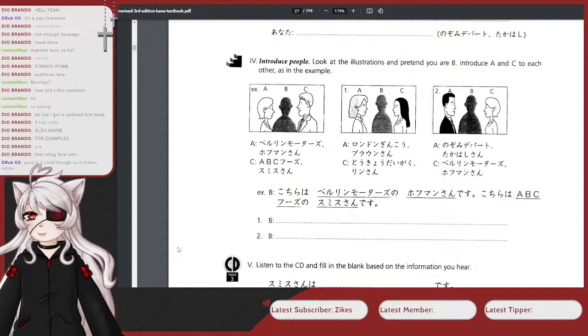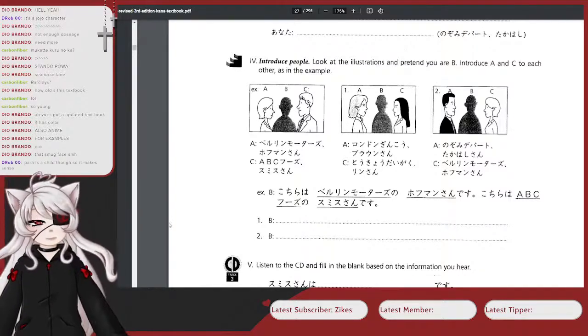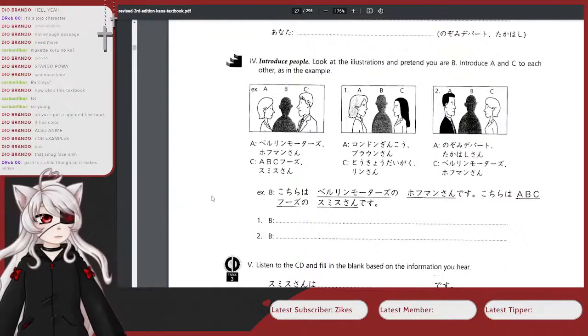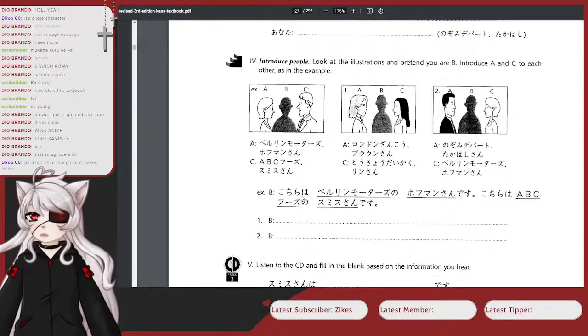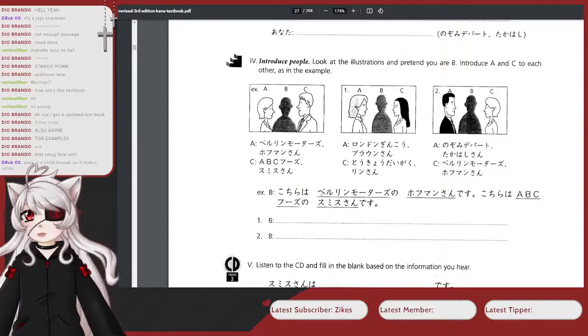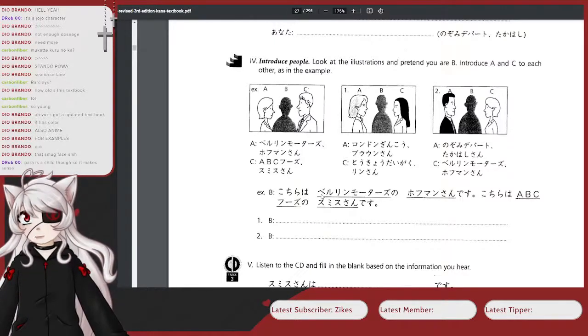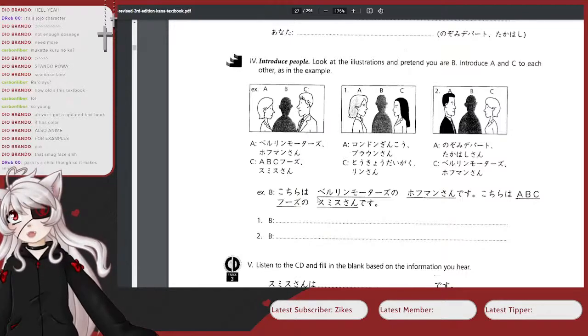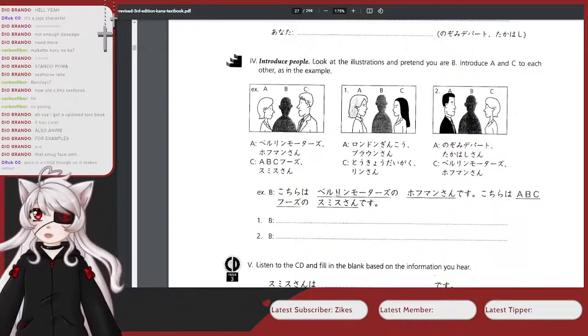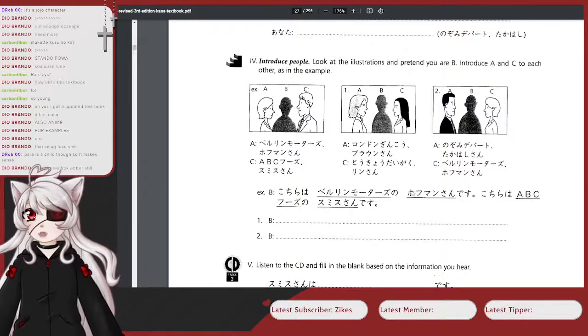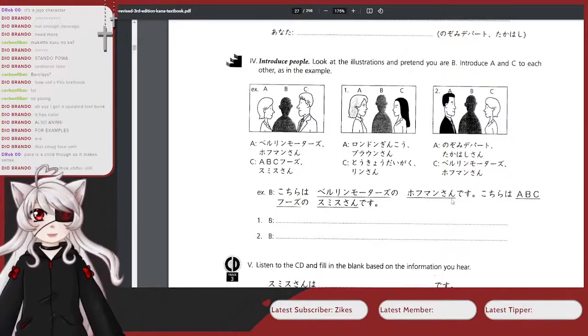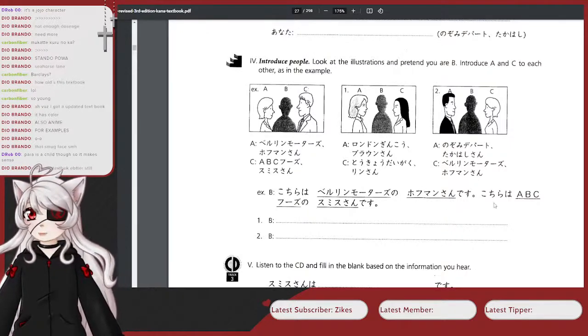It does. But the fact he's insulting my textbook. I have to clap back. So yeah, kochira wa, so this person is Barin Motors no Hoffman-san desu. Kochira wa ABC Fuzu no Shimizu-san desu.